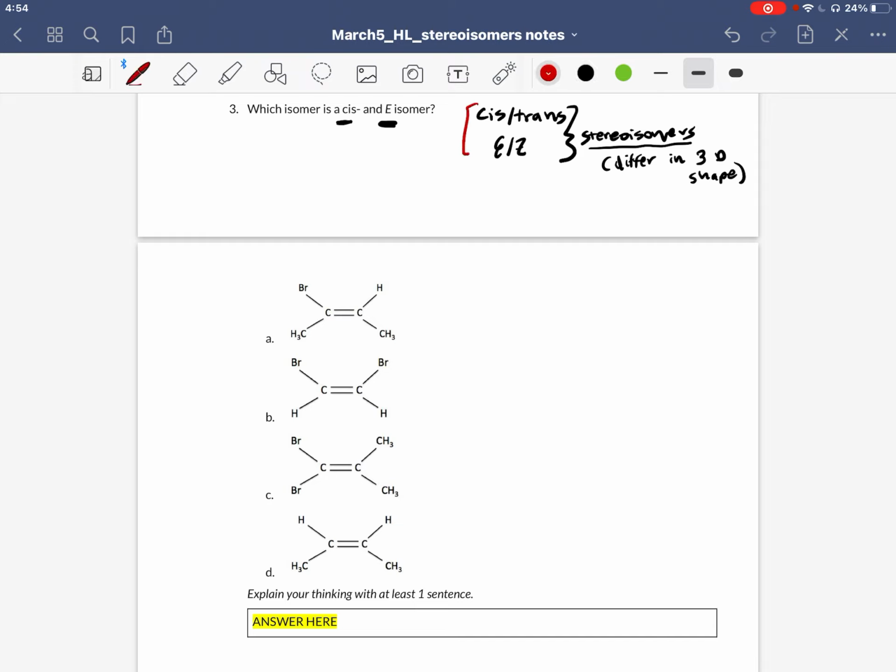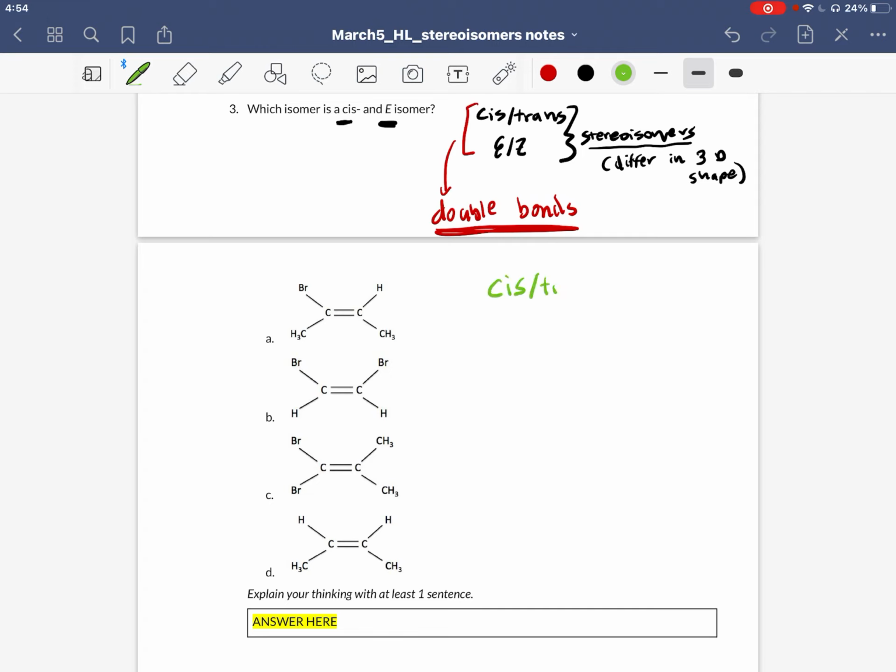But here we're looking at the cis-trans EZ, and both of these we saw in relation with double bonds. So cis-trans and EZ isomers we get when we have double bonds. All right, so why do we have two different names for isomers that happen with double bonds?